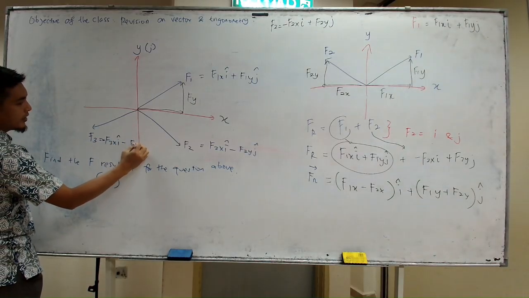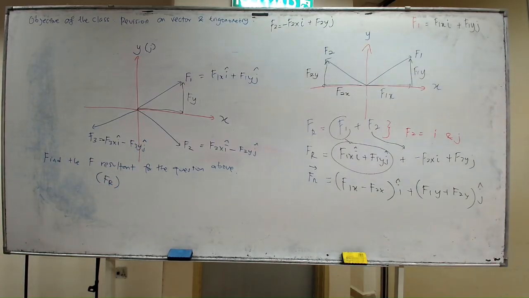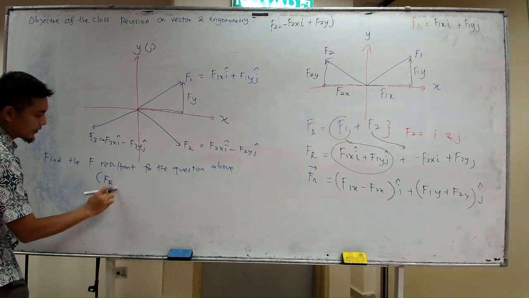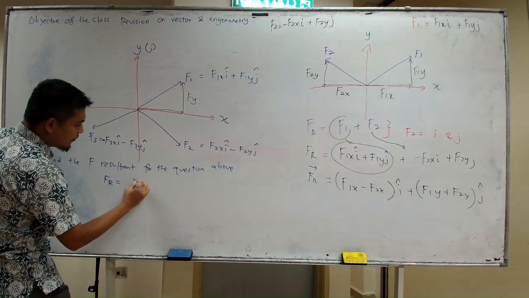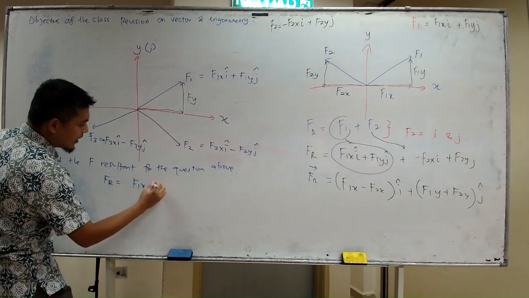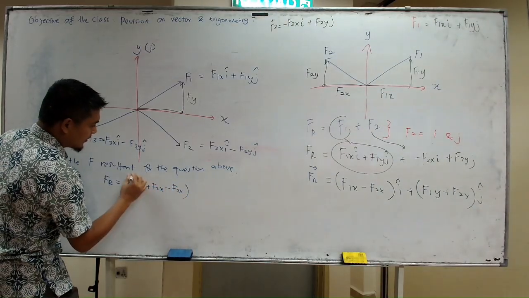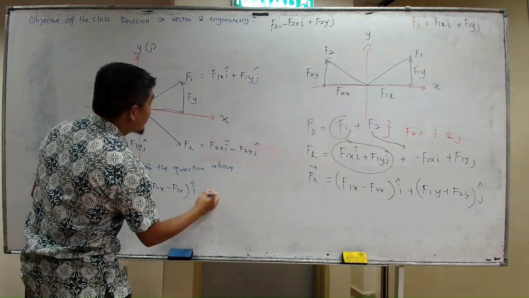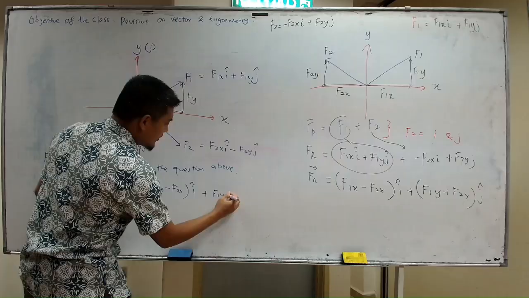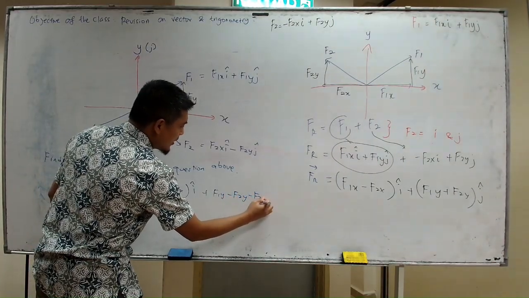Minus F3Y. So the FR equal to F1X plus F2X minus F3X i plus with F1Y minus F2Y minus F3Y.